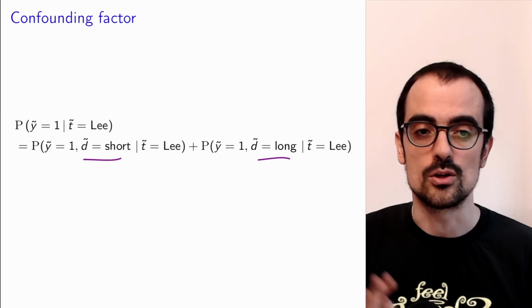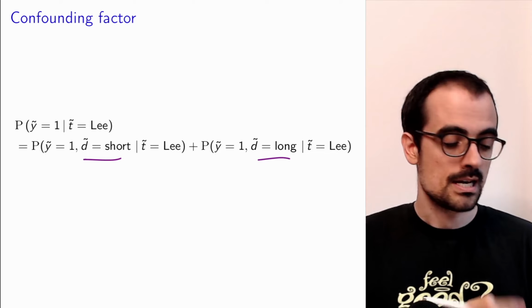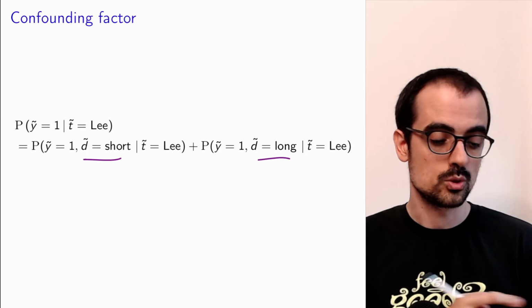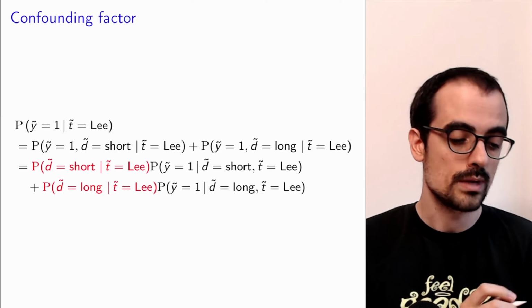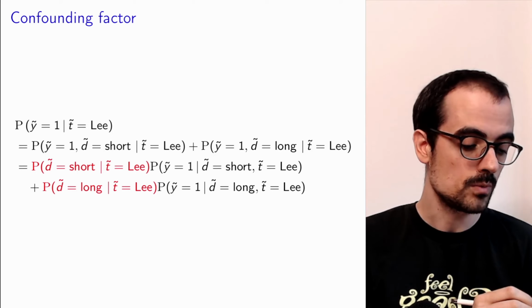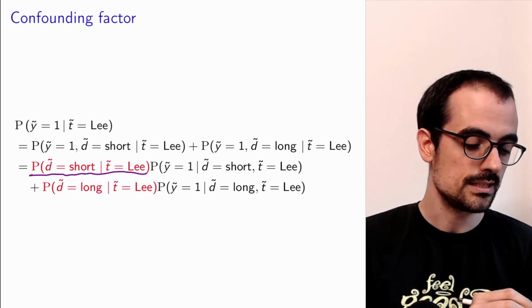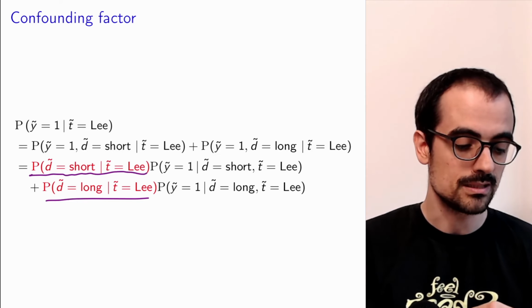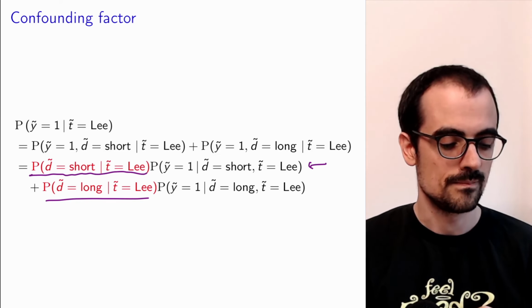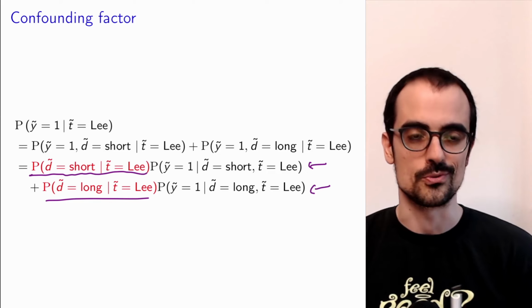This is just by the law of total probability. And now we use the chain rule to expand this, and we see that we have this weighted sum where we're weighting by the probability that Lee shoots short threes and long threes. And that is multiplying the probability that he makes the short threes and he makes the long threes.